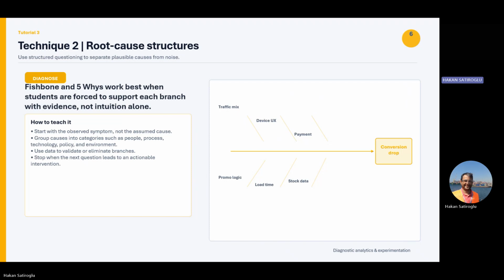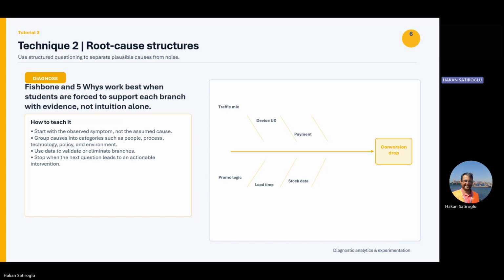A practical example might be delayed deliveries. Students may list staffing, traffic, packaging time, and system issues. Then I would ask which of these can be checked with data or observation. That step changes the exercise from brainstorming into analysis.